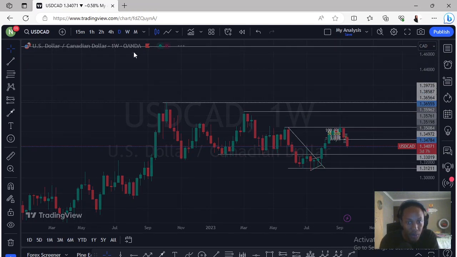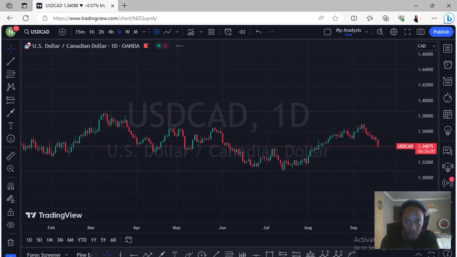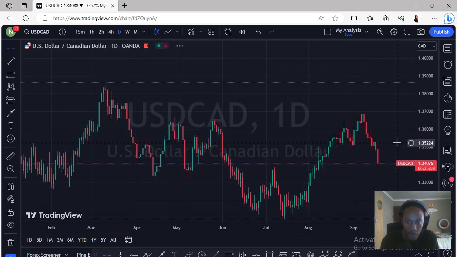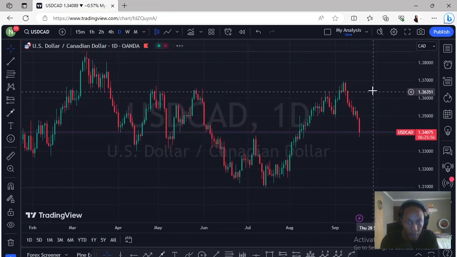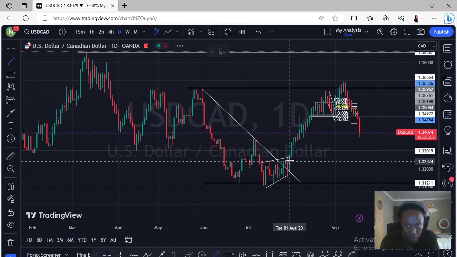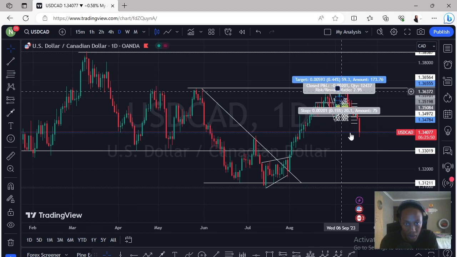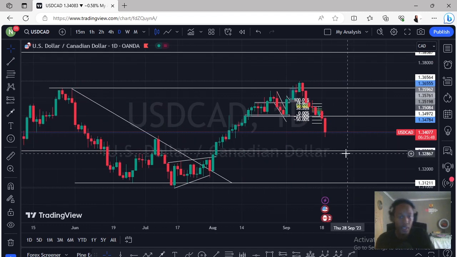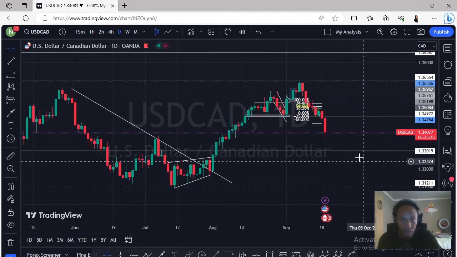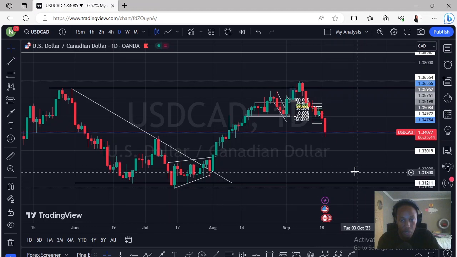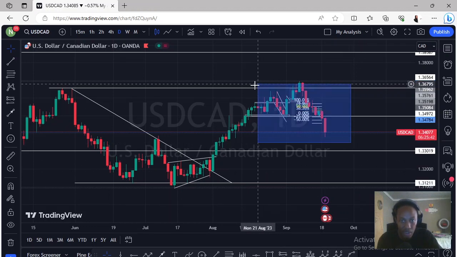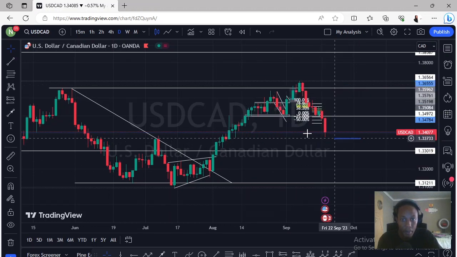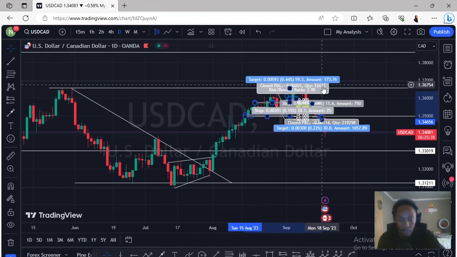On the daily, I think we saw a double top. Now I don't see it going up. Okay, I just see a lot of things here. Yeah, it's heading down. Yesterday I saw this.